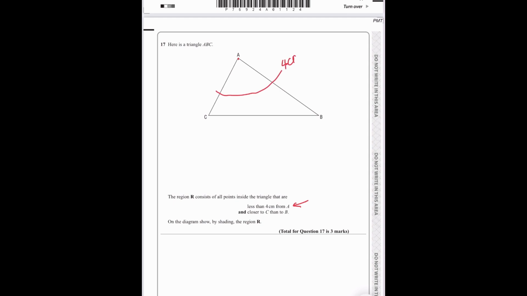So that is a 4 centimetre arc from point A. It's closer to C than B. So looking at our CB line, we put our compass point on one end and we draw an arc, and we put our compass point on the other end and we draw another arc to get a perpendicular bisector. And region R is going to be there.